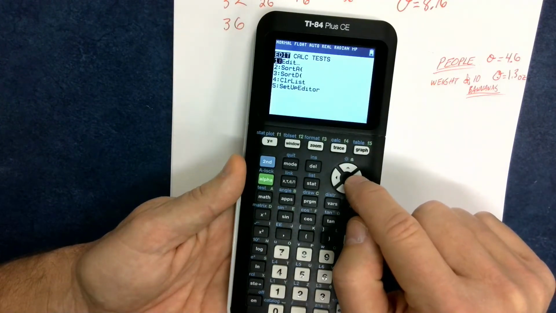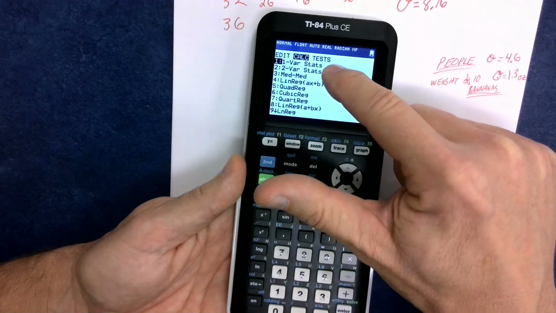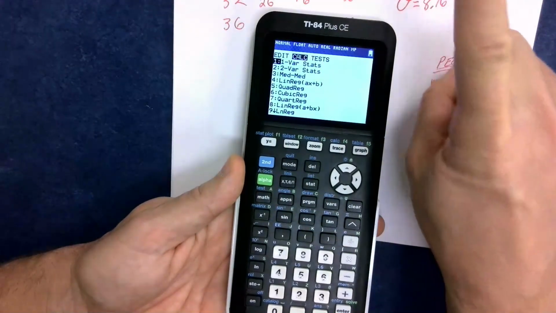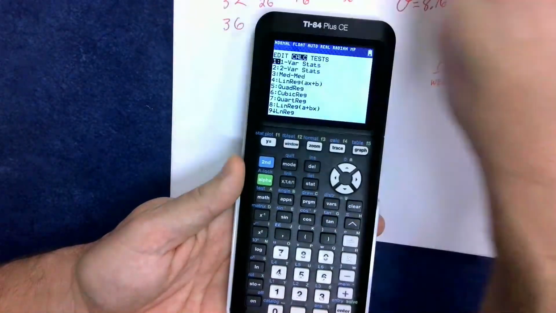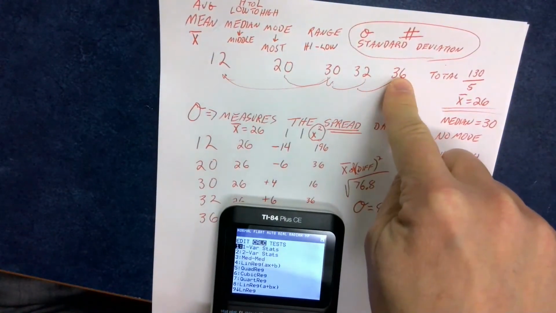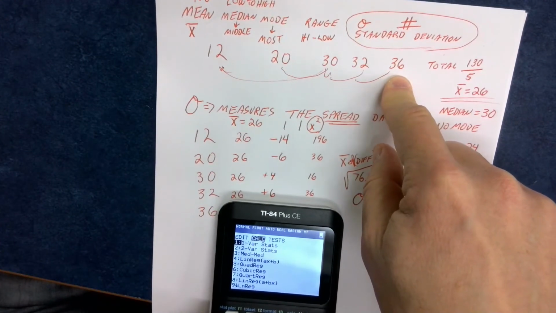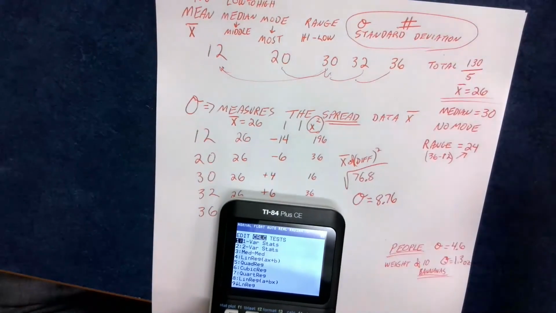And you should be doing this with me, right? Over to calc. And this top thing says 1 var stats. So that means 1 variable stats. And this is just one set of variables. And again, I didn't even tell you what those numbers meant. They're just numbers. Okay.